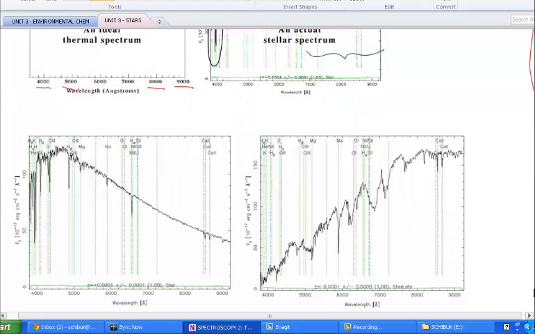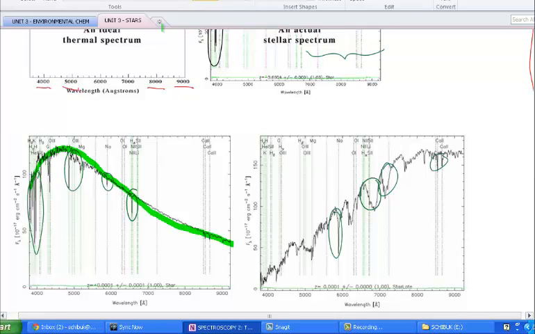So if I look at these two stars here, again I see all of these dips, right? And the dips are absorption lines. The dips represent the presence of certain chemical elements. When I'm looking for information about temperature, I'm looking at the overall shape of the spectrum. So if I compare these two spectra, this has its peak, its thermal wavelength peak, at about, let's call it 4,800 angstroms.